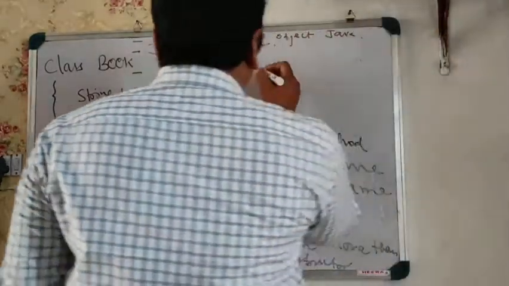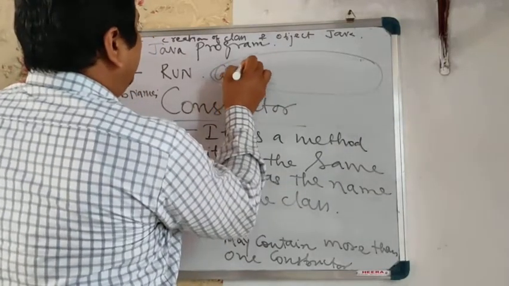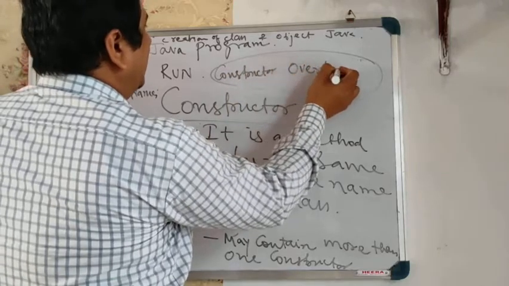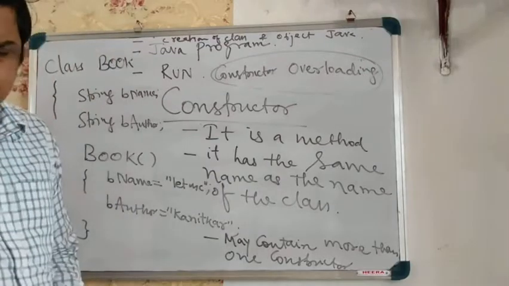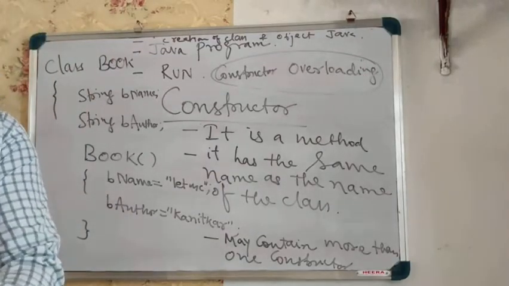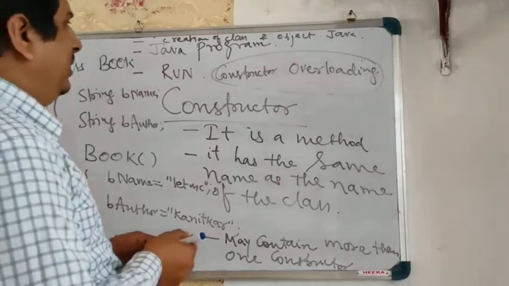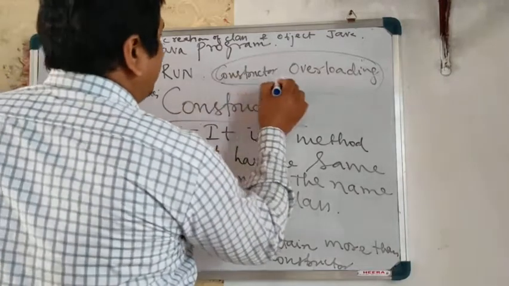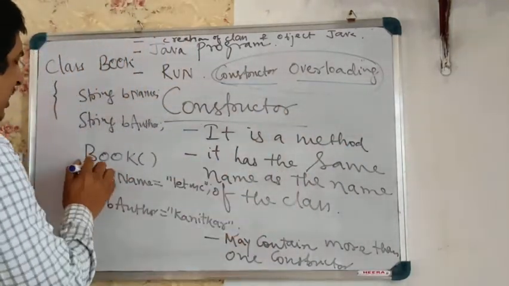So there is a new term that comes to our mind. Constructor overloading. So here we have constructor overloading. So a class may contain more than one constructor.